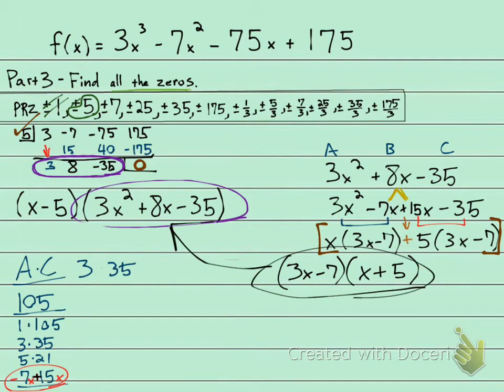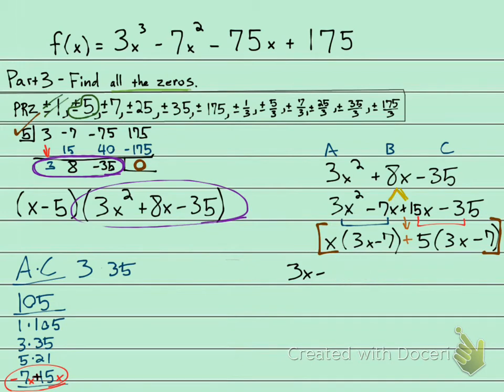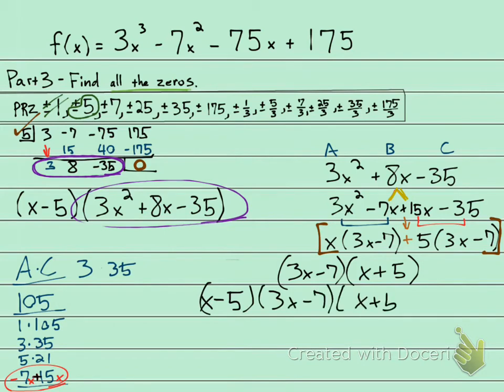And if you took the math class before this one, then you're probably familiar with this. All right, so I have x minus 5, 3x minus 7, and x plus 5.